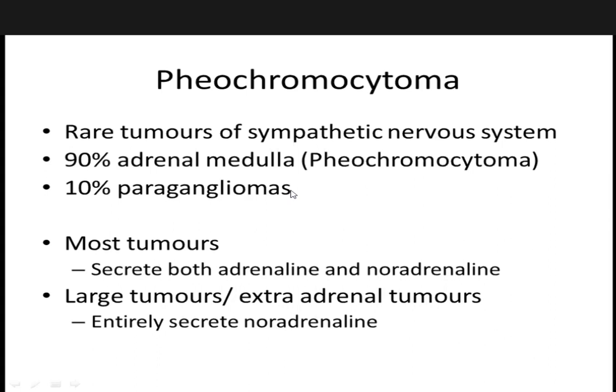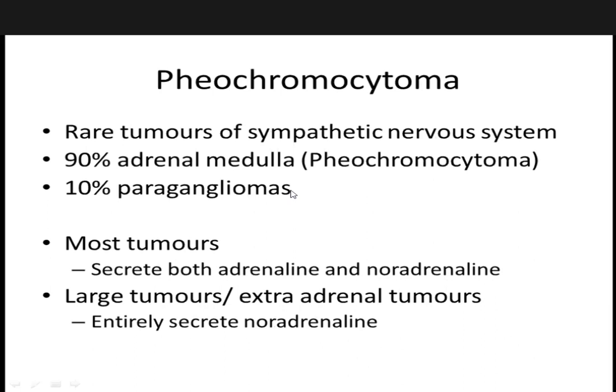In 90% of cases, it comes from the adrenal medulla, and that is called pheochromocytoma. In 10% of cases, this can arise from other ganglia of the sympathetic chain. That is called paragangliomas, right? In 90% of instances, it is pheochromocytoma arising from the adrenal medulla.